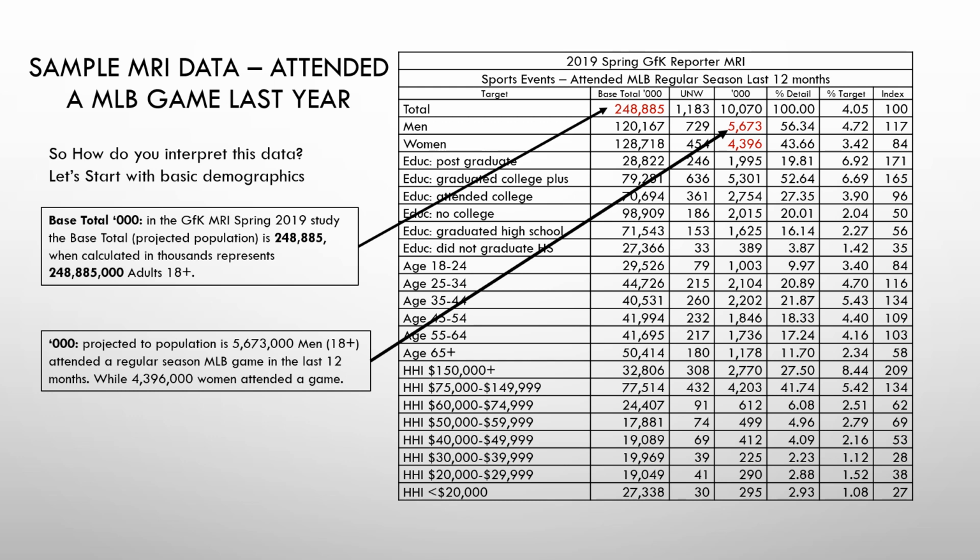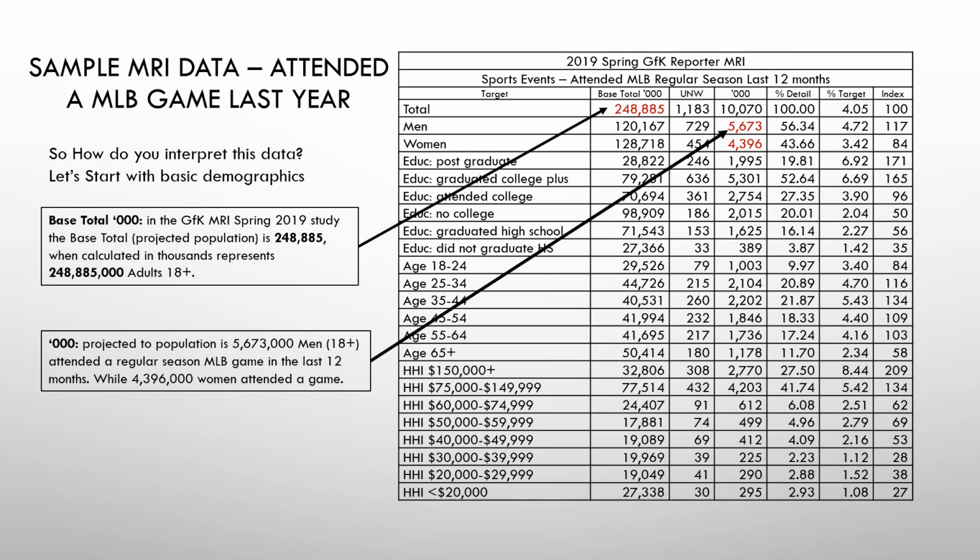In this study, the base total projected population is 248,885, and of course, that is the number of people that MRI has calculated of 18 years and older in the U.S. population. That number will be in the first column.